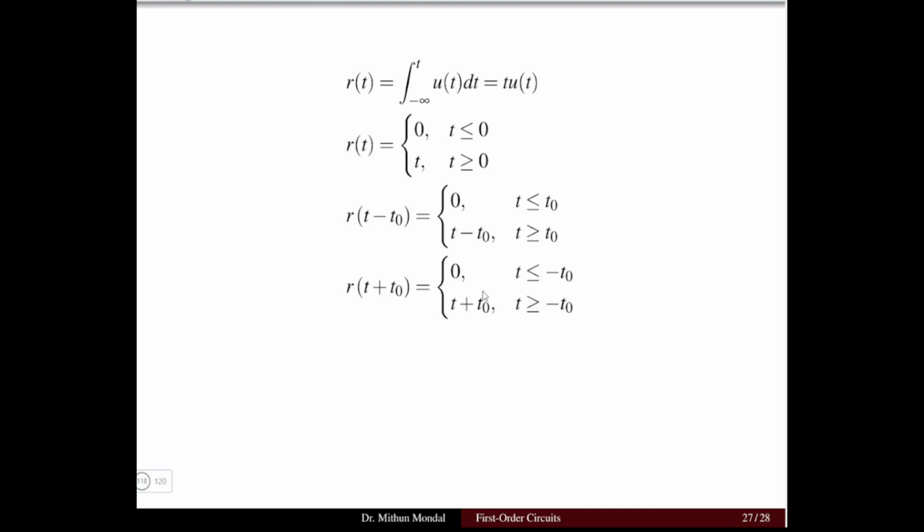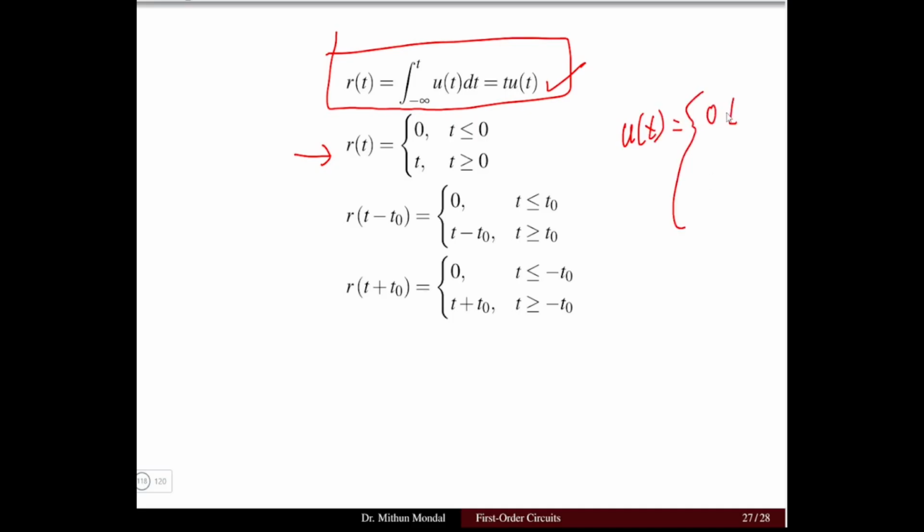In terms of the equation, the ramp function is the integration of the step function, which is equal to t u(t). The equation we have written for u(t) is 0 for t less than 0 and 1 for t greater than 0.